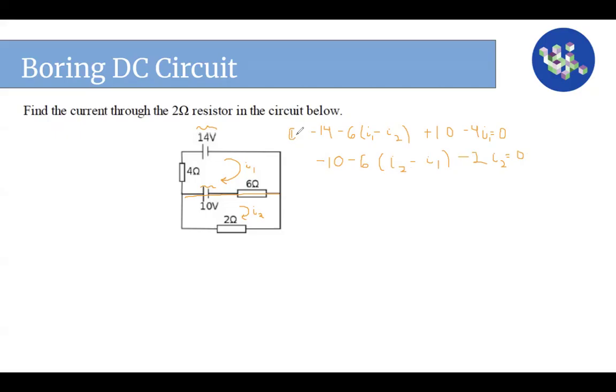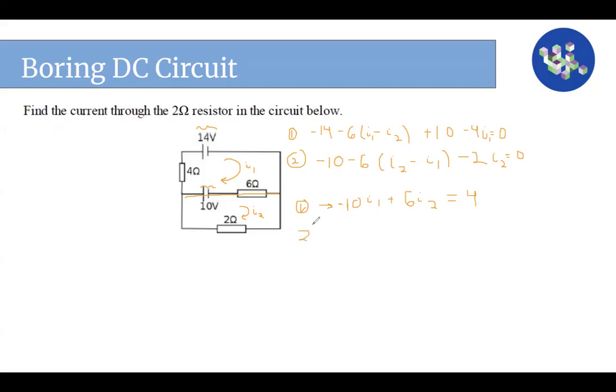So this is equation 1, this is equation 2. Equation 1 just becomes 10I1 minus 6I2 equals, sorry, minus 10I1 plus 6I2 equals 4.